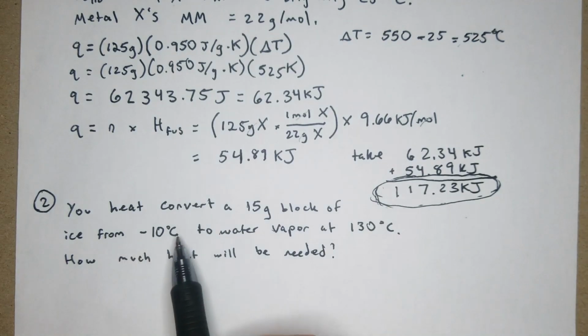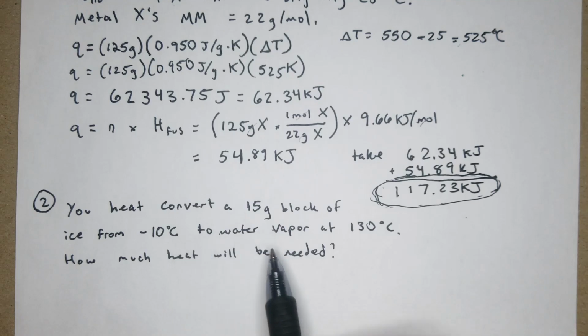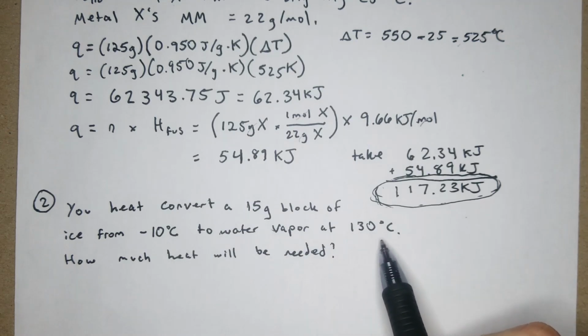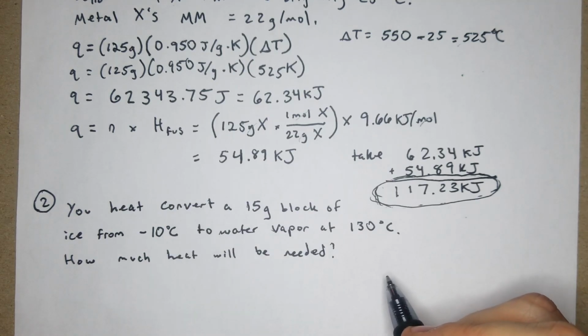So you convert a 15-gram block of ice from -10 degrees Celsius to water vapor at 130 degrees Celsius. So that's a huge difference there. How much heat will be needed?